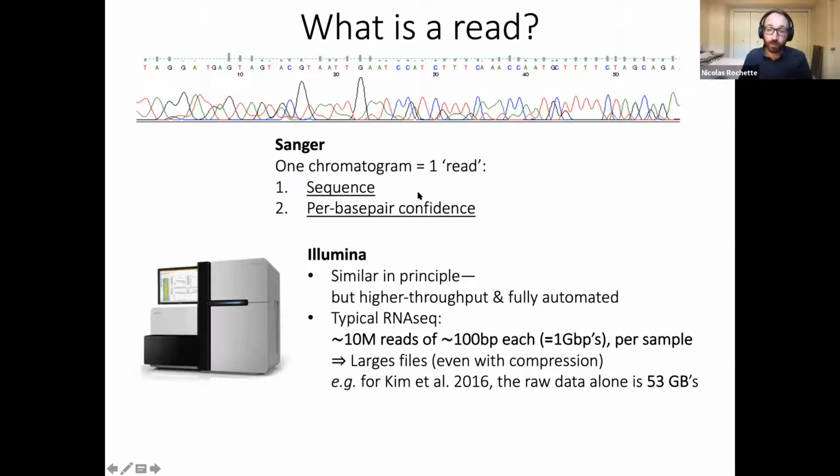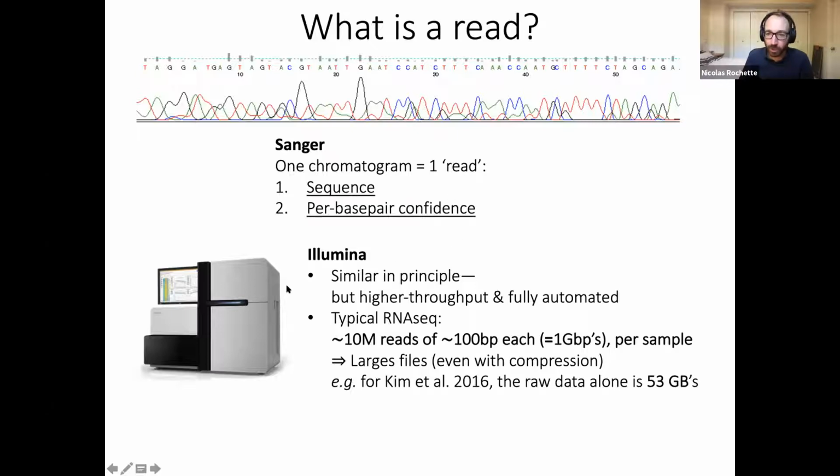So when we talk about a read, typically we talk about 2 separate things: the sequence of bases that the molecule has, and the qualities of the inference for this sequence of bases, which is 1 confidence score per base.